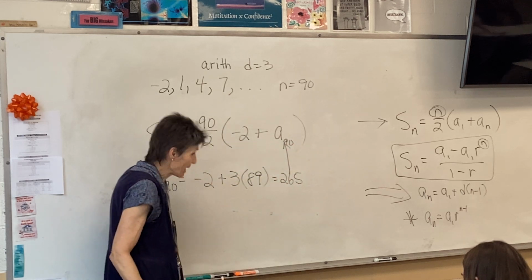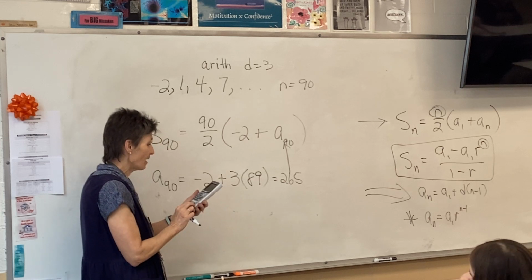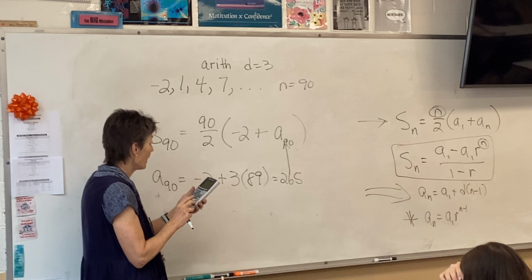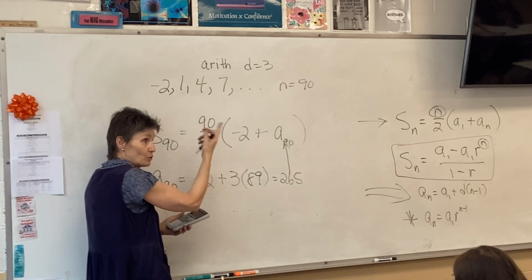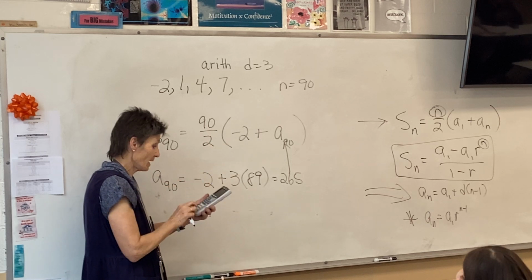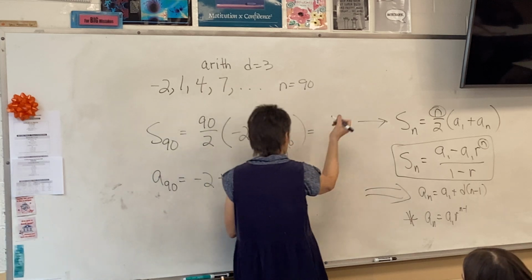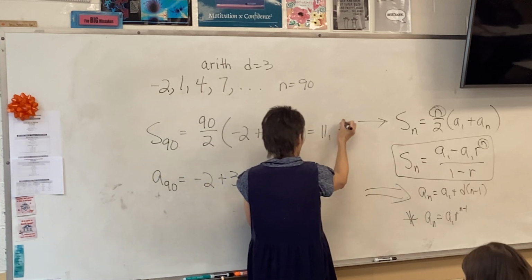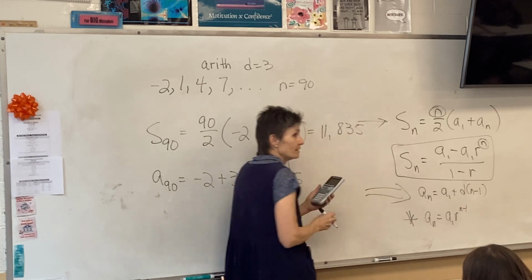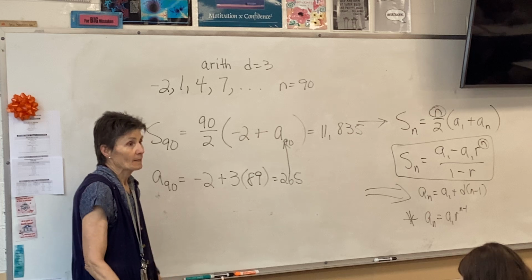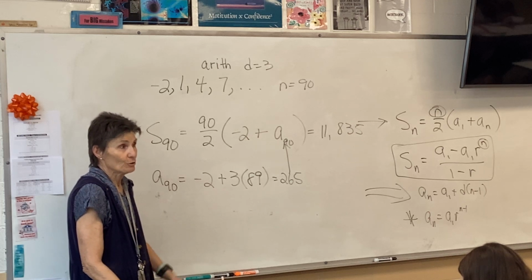So now I have 265 plus -2 times 90 over 2, 45. Your final answer to the original problem is 11,835. So, 2 steps.